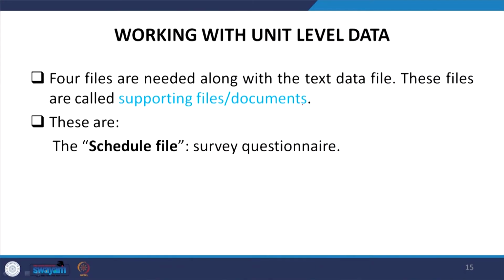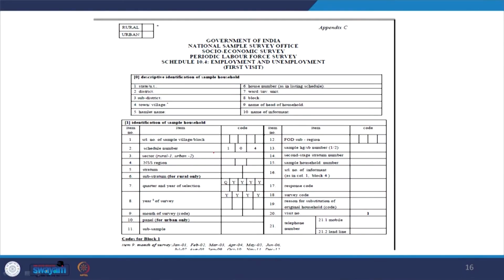Now, let us work a bit on the unit level data. Broadly, there are 4 files very essential as a starting point for extraction and merging. These files are also called supporting files or documents. The first important supporting file, to start working, is none other than the schedule file. The schedule is also called a survey questionnaire, and it looks like this.